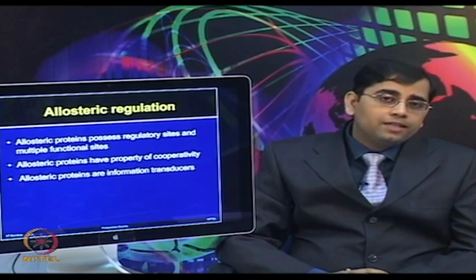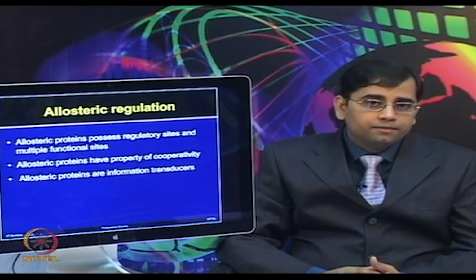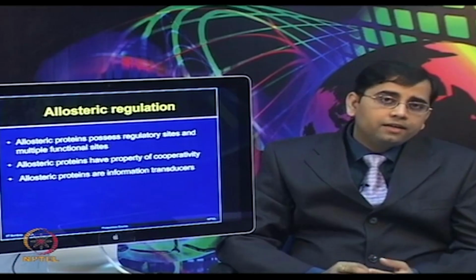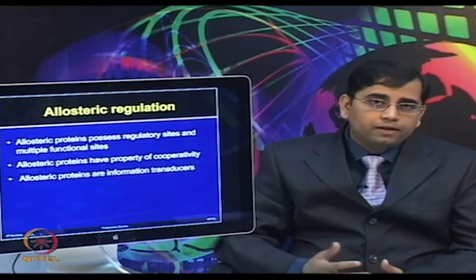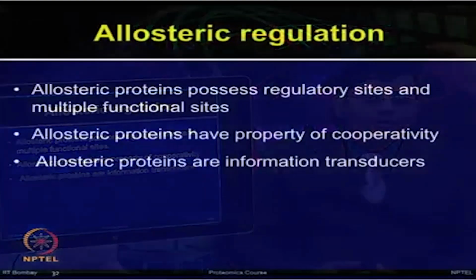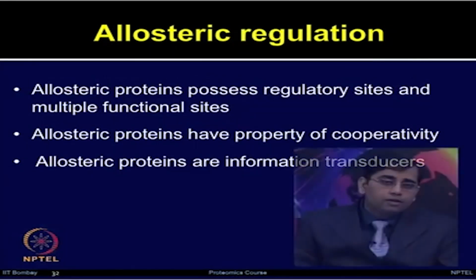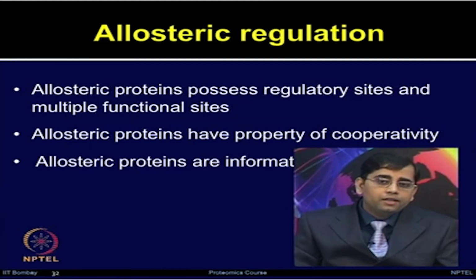The allosteric proteins possess the property of cooperativity. So, activity at one functional site can affect the activity of others in a cooperative manner. The allosteric enzymes are information transducers. In response to the signal molecules, their activity is modified.